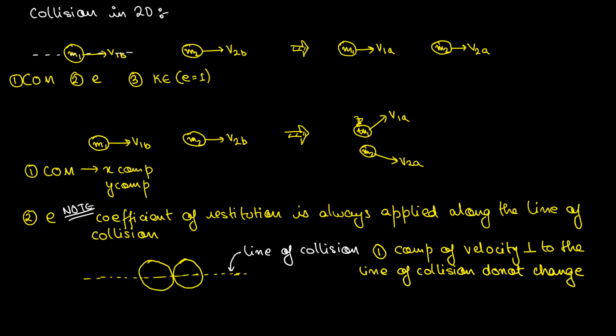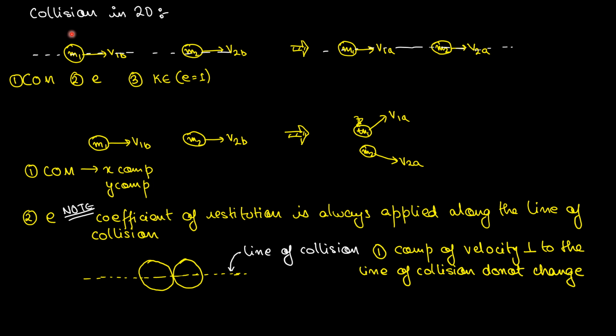This is the line of collision, isn't it? You have to apply the component of velocity of separation and the component of velocity of approach along this line. So out here the component is the full velocity because the angle between them is 0 degrees. That's fair and fine. Cos 0 is nothing but 1.